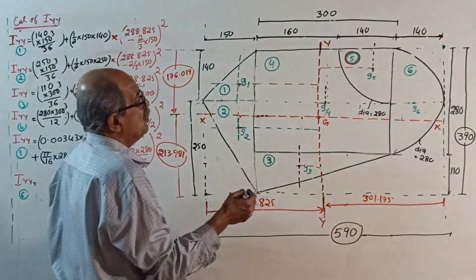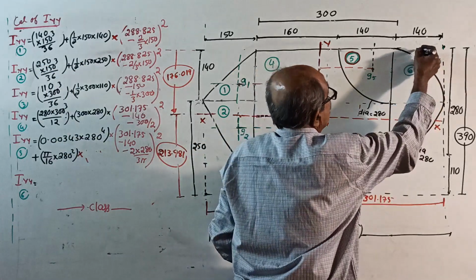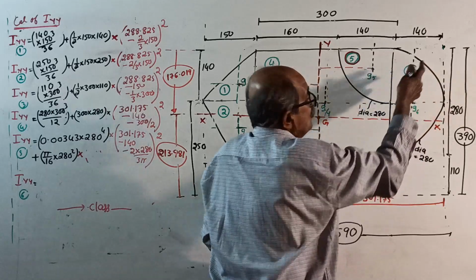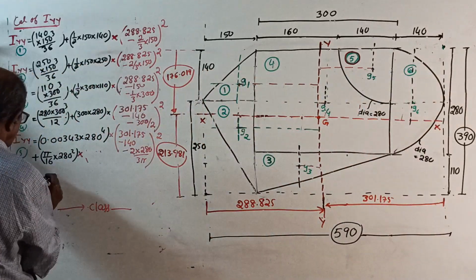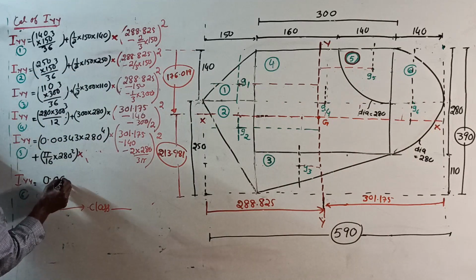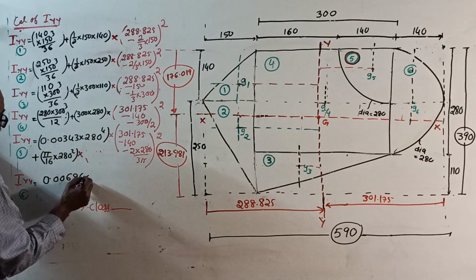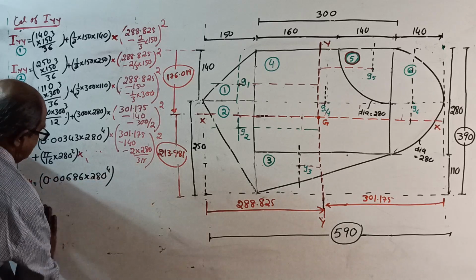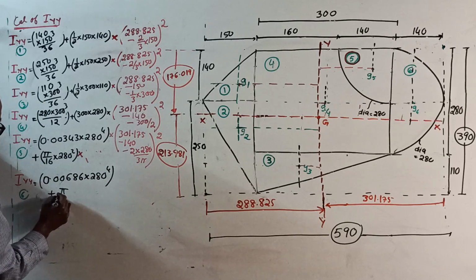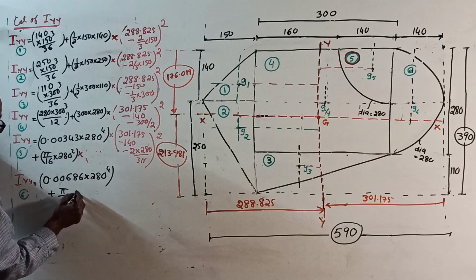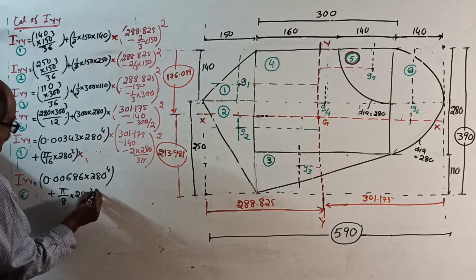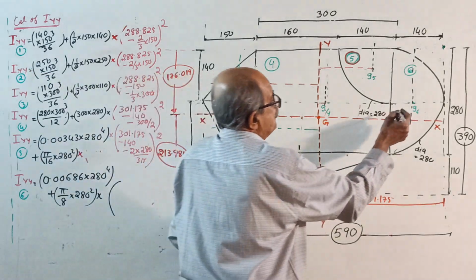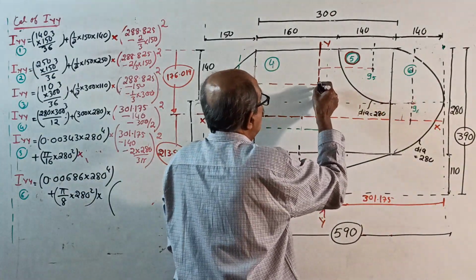Lastly, I about YY for this one, the sixth one. First, I about its own centroidal axis. Oh, it is not symmetrical. Therefore 0.006 semicircle 86 into diameter power 4, Ig, plus area pi by 8 of 280 square is the area, into the distance from centroid to YY.